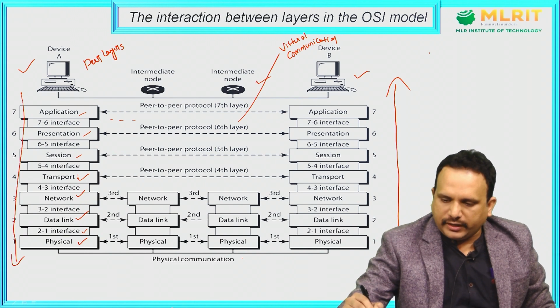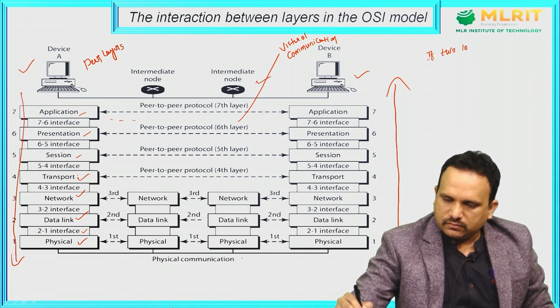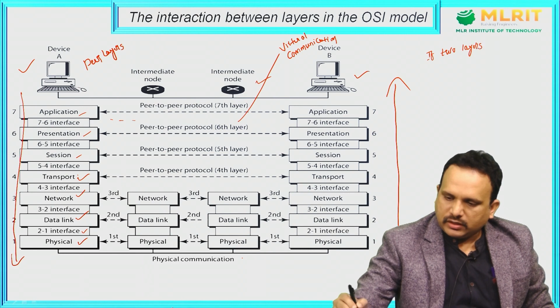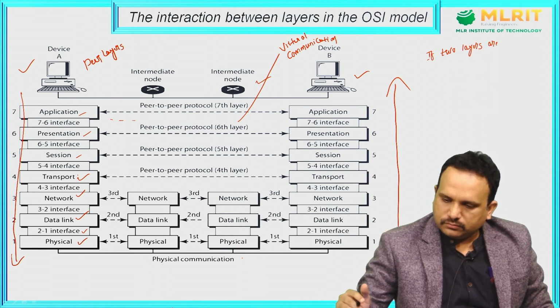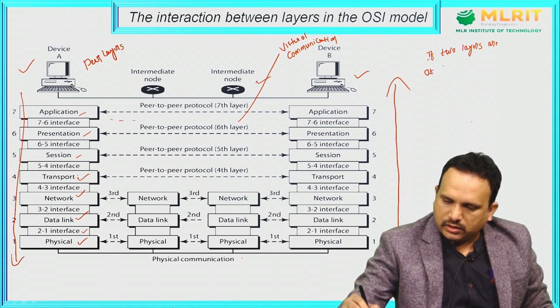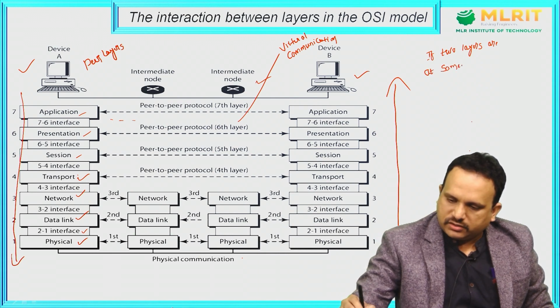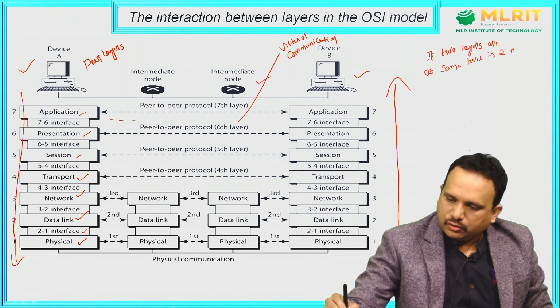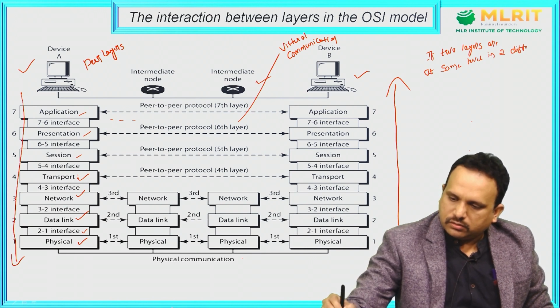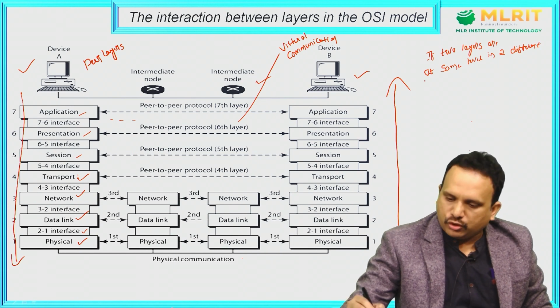If two layers are at the same level in two different hosts, they are nothing but peer layers.